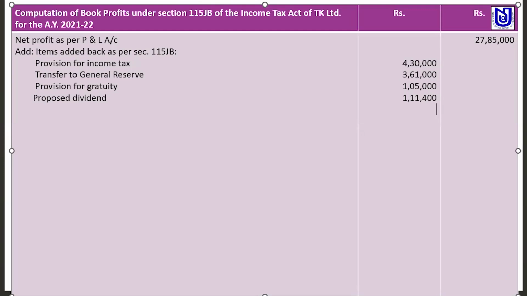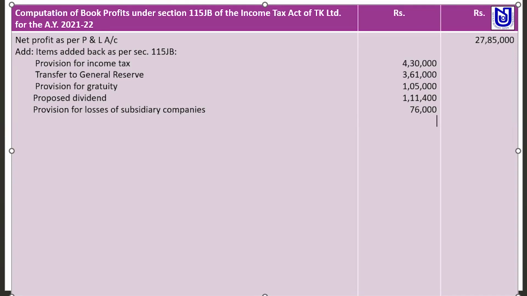How much? 76,000. Provision for losses of subsidiary companies, figure is 76,000.